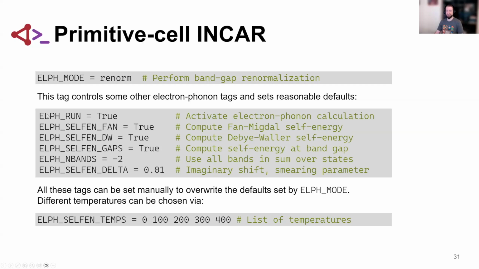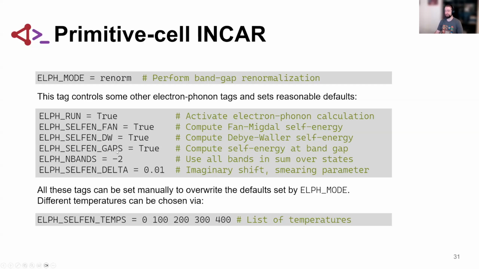You have ELPH_RUN equals true, which means just run electron-phonon calculations. You then activate both the Fan-Migdal and the Debye-Waller terms, because both of them contribute to the real part of the self-energy, so to the renormalization. You want to evaluate the self-energy at the gaps.